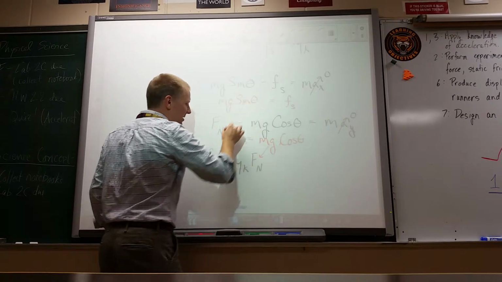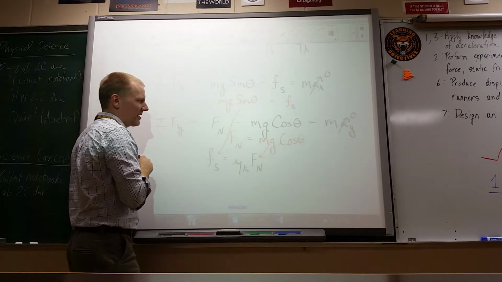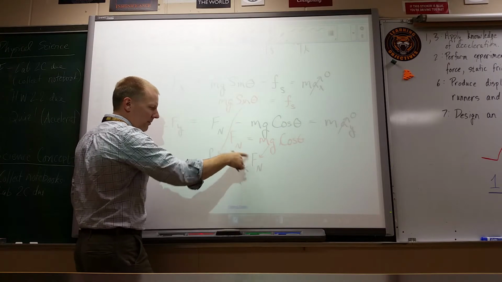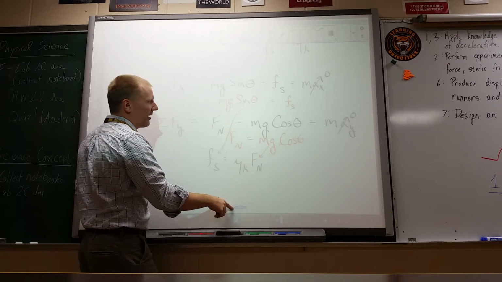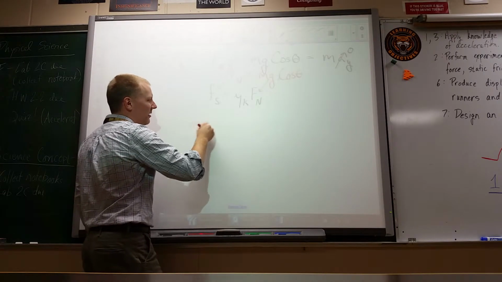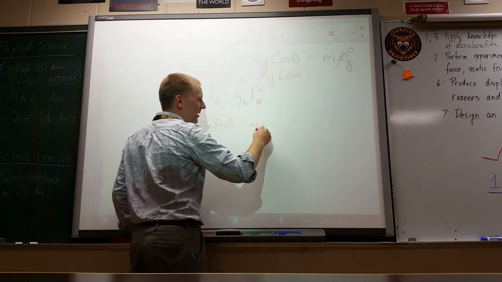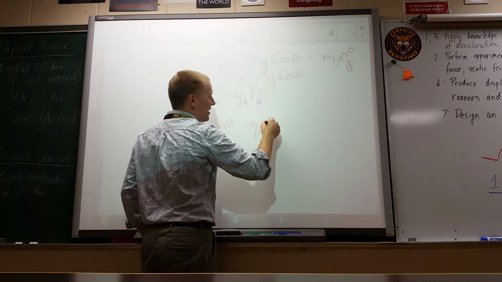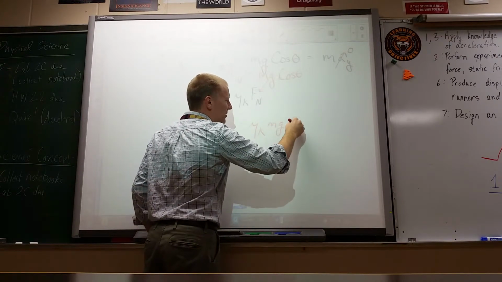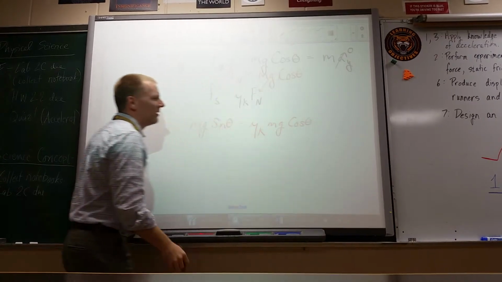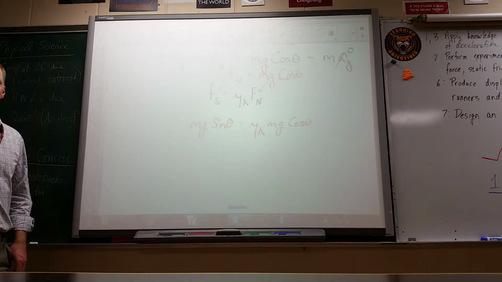I'm going to put that in for my static friction. So the formula becomes mg times sine of theta is equal to mu k times mg cosine theta. What can we do with that?